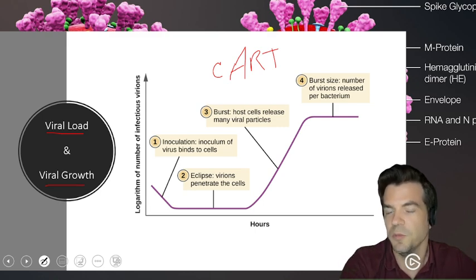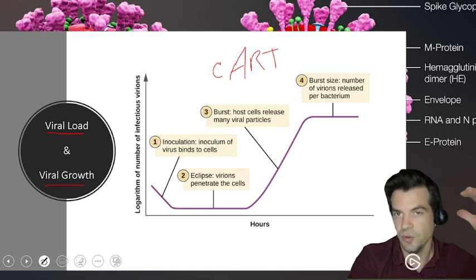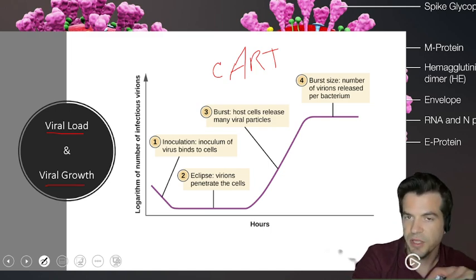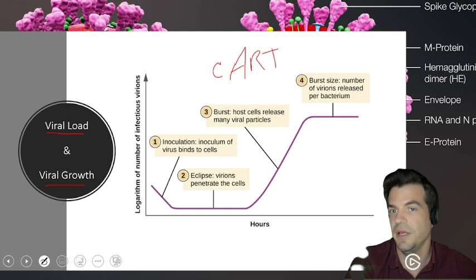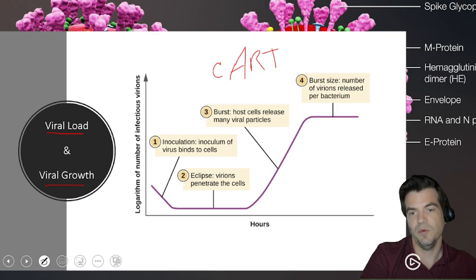Patients on CART or ART can actually lower their viral load to undetectable levels, to where they don't pass it on to the unborn child or to a partner. And so that is how that works.